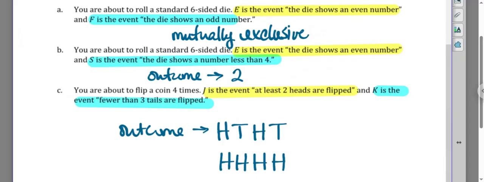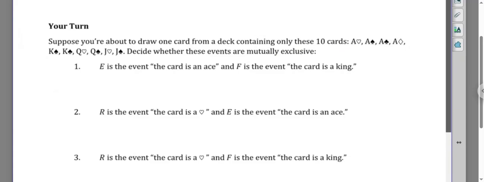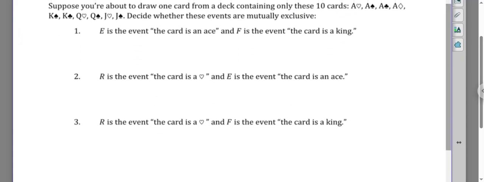So the first thing we're going to do with calculating the probability is to do it just on mutually exclusive events. But first, you're going to identify these as either mutually exclusive or not and list an outcome. So in other words, can those 2 events occur at the same time or not?